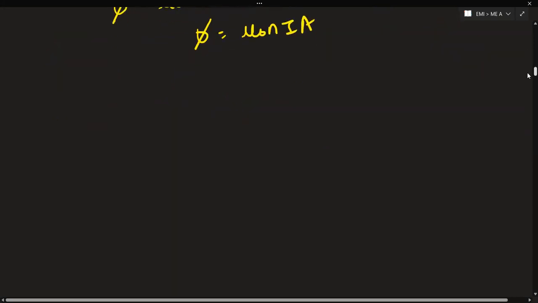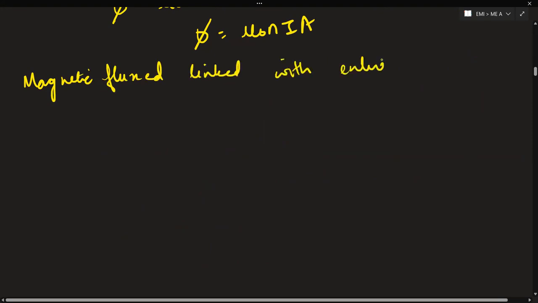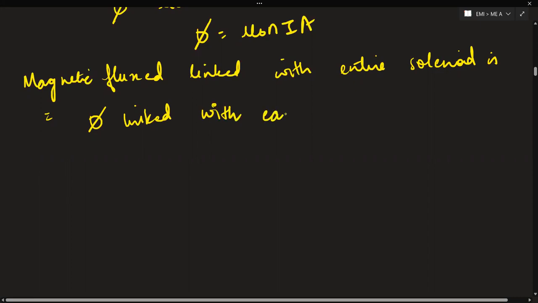So the magnetic flux linked with the entire solenoid will be the magnetic flux that is linked with each turn, multiplied by the number of turns.